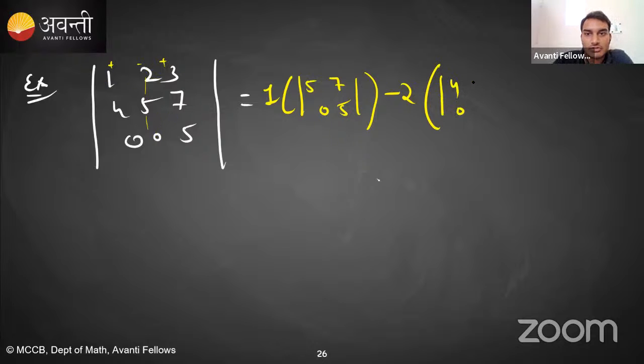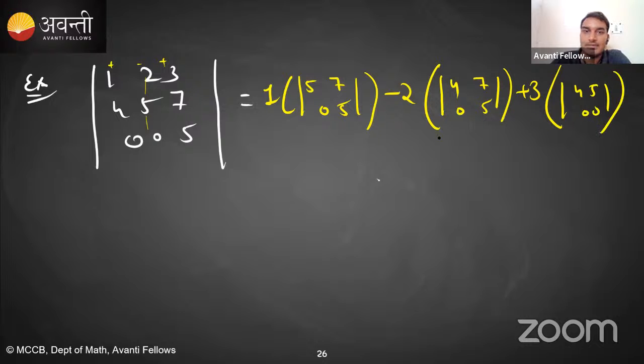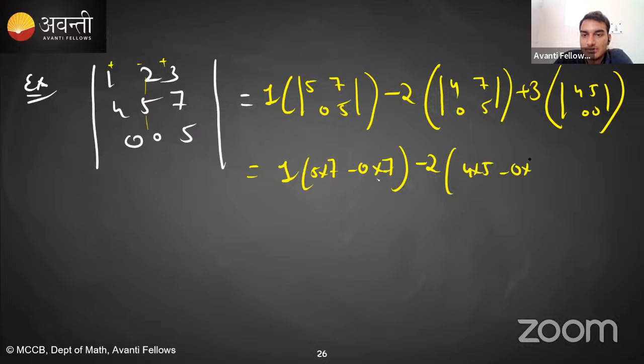Determinant of 4, 0, 7, 5, plus 3 into the determinant left after deleting the row and column corresponding to 3, meaning first row and third column are deleted. What is left? 4, 5, 0, 0. Solve this. Now we already know how to solve this. 1 into (5 into 5 minus 0 into 7) minus 2 into (4 into 5 minus 0 into 7) plus 3 into (4 into 0 minus 0 into 5).